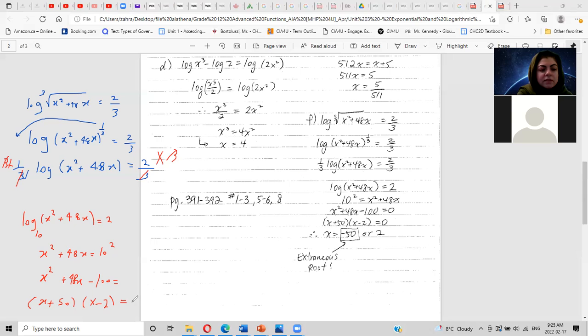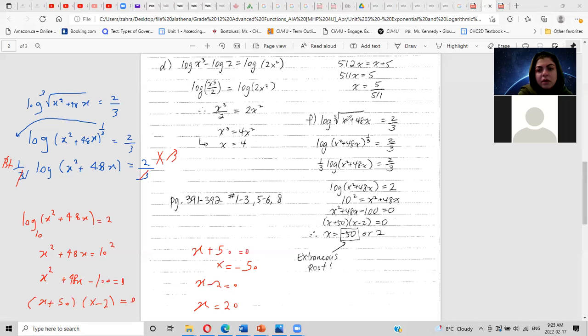So this is how you do the factor. So now two brackets multiplied by each other is equal to 0. The first bracket is equal to 0, or the second bracket is equal to 0, right? So the zero from the first bracket is negative 50. And here is equal to 2.